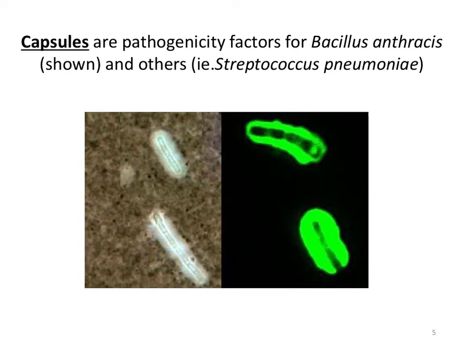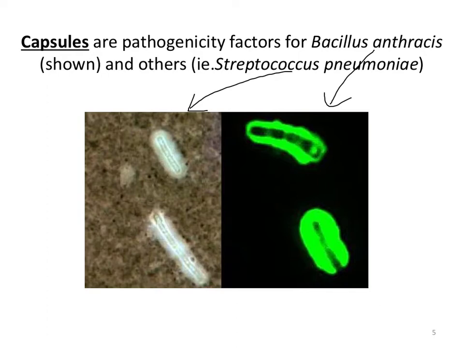Other important defensive pathogenicity or virulence factors are capsules. And shown here are 2 images. On the right, we have Bacillus anthracis, and on the left, we have a bacterium called Streptococcus pneumoniae. These images are taken using two different types of microscopy. On the left, it is a routine light microscopy, and on the right, it's a special fluorescent light-based type of microscopy.